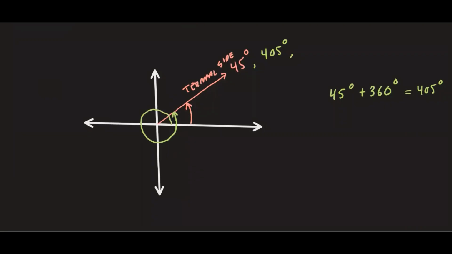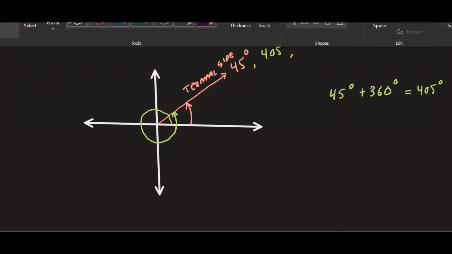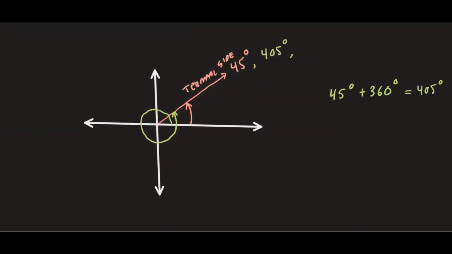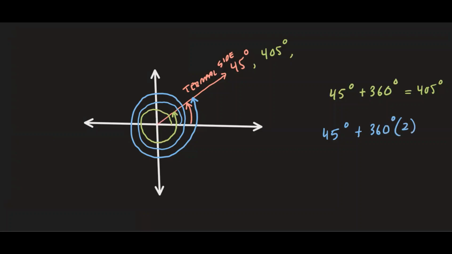Now let's go around another cycle. Instead of going one revolution, we can go two revolutions. Start from standard position, go around once, and then around again, and we end up where 45 degrees is. So we went around 360 degrees twice. We did 45 plus 360 times two, so that's 720.